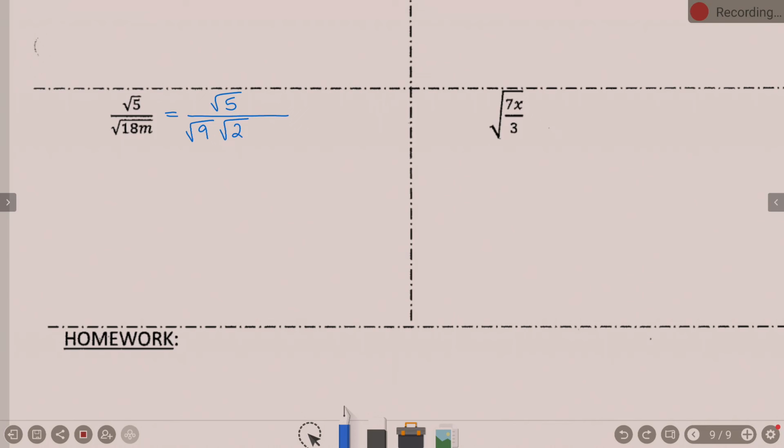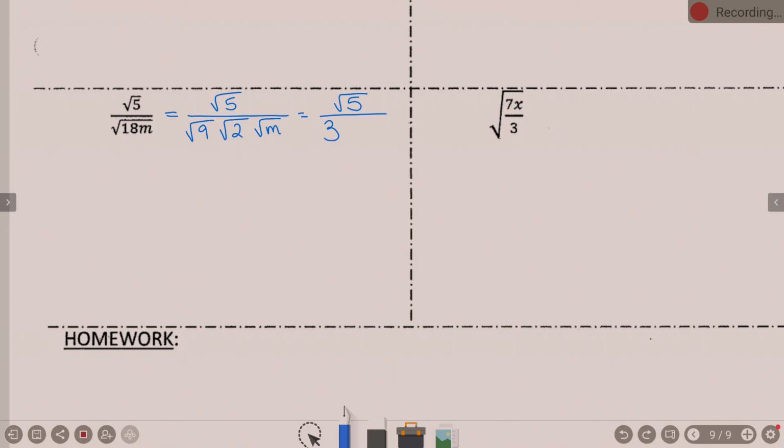And then we also have the square root of m, which I can't break up. So now on top we still have square root of 5. Denominator, square root of 9 is 3.